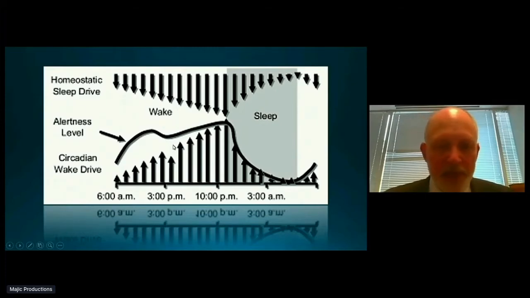So this explains that little mid-afternoon lull you have and why you can sleep in those early morning hours, because there's no alerting signal. Okay, and the alertness level, the line in the middle, just says how sleepy are you at that time? So hope everybody gets that.